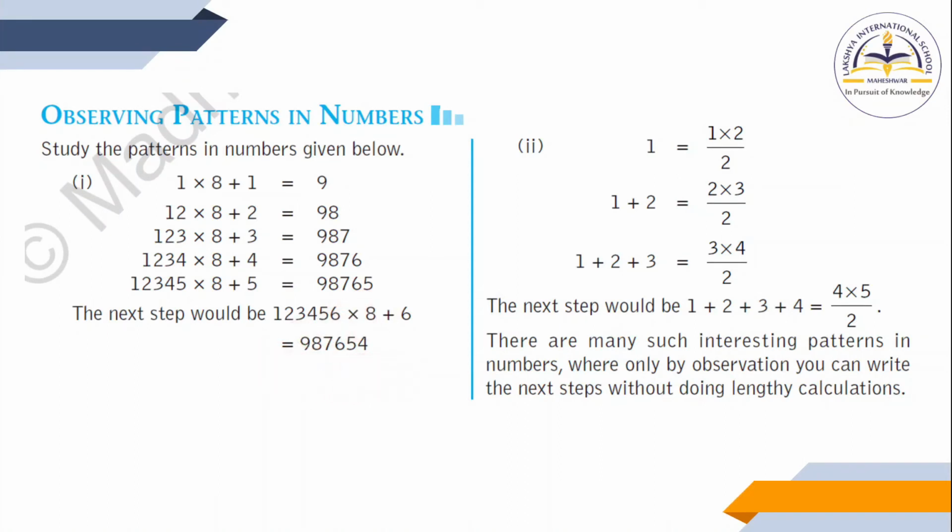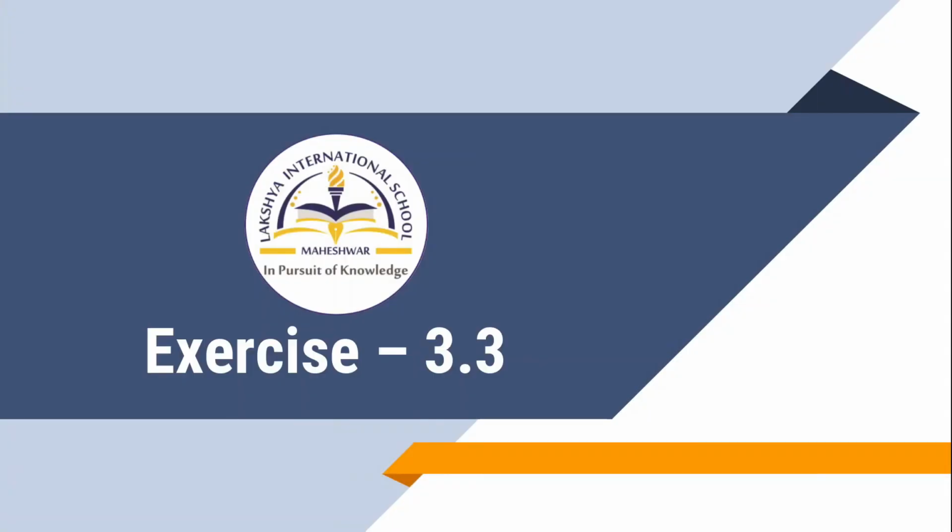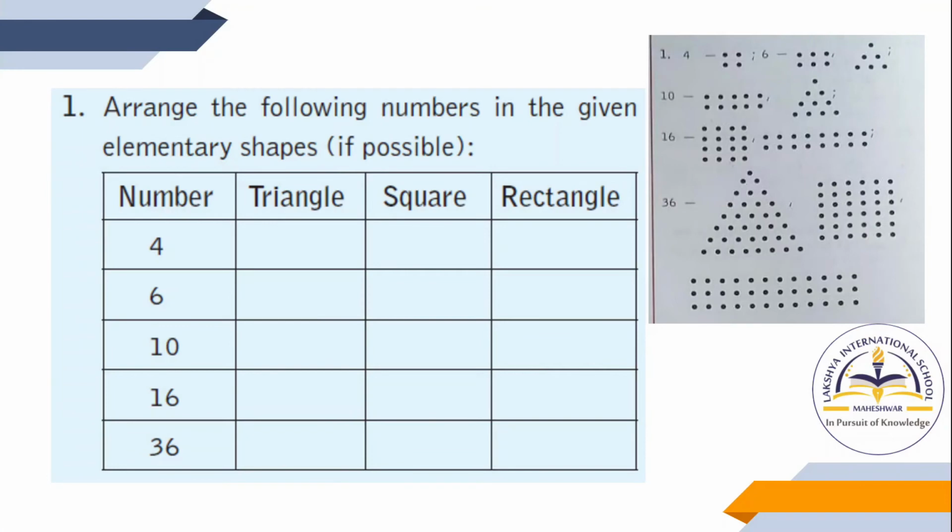Now in the next exercise we will see the questions. Exercise number 3.3. Arrange the following numbers in the given elementary shapes if possible. The first number is 4.